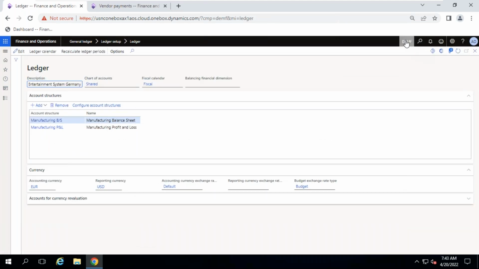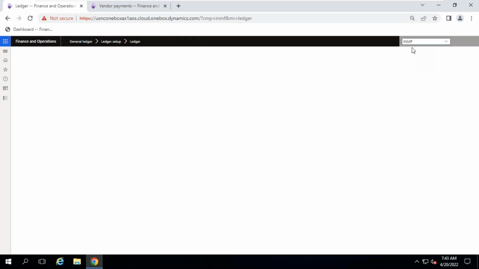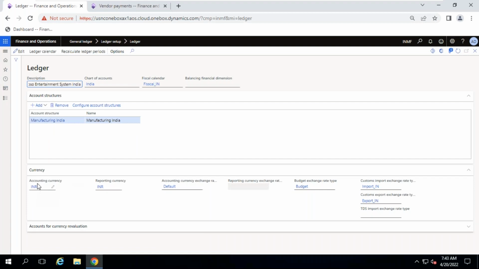DEMF means a Germany based company. Then their accounting currency is euro and their reporting currency is US dollars. If it is INMF, an India based company, then the accounting currency is INR, reporting currency also INR. Your wish, this is optional, how you want.